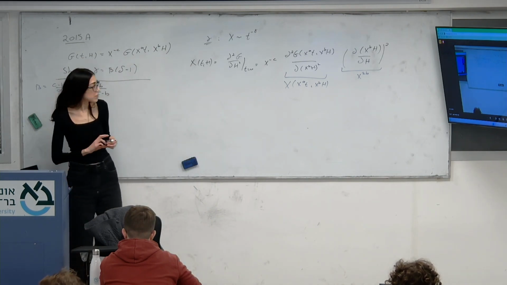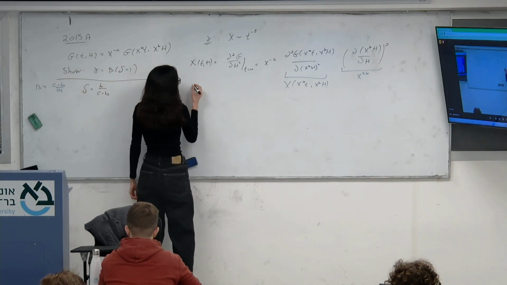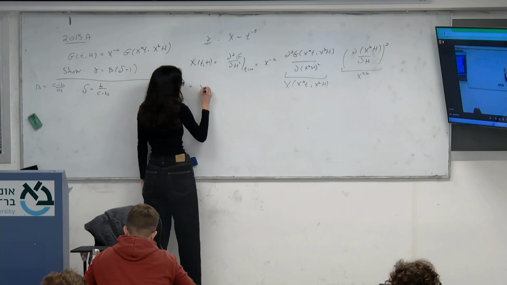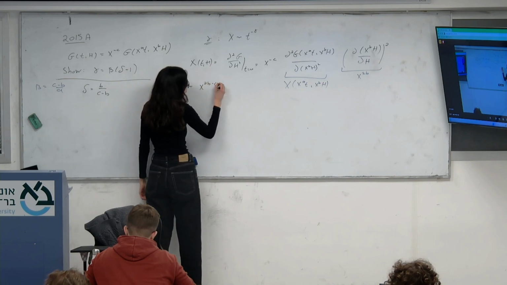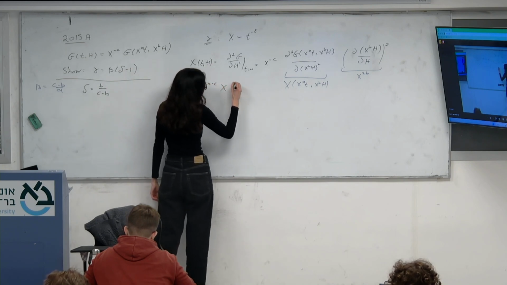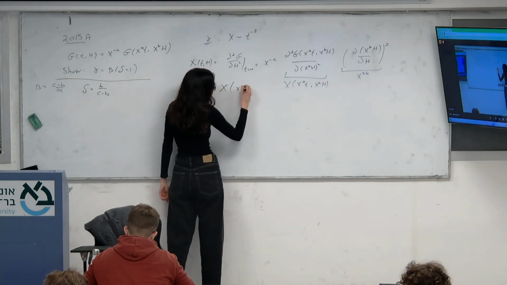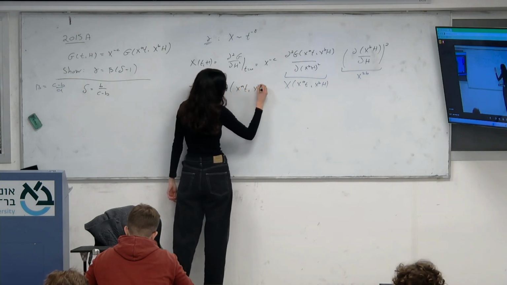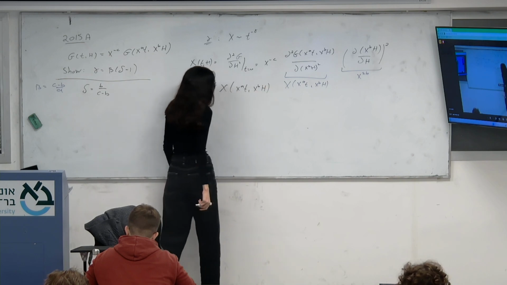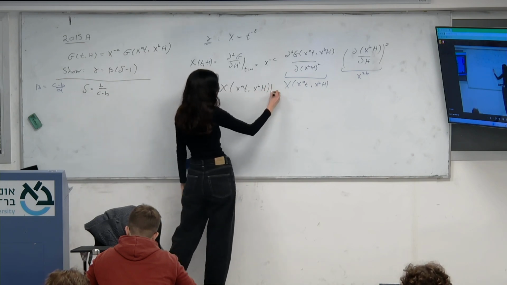So this is equal to x^(2b minus c) at t equal to 0.